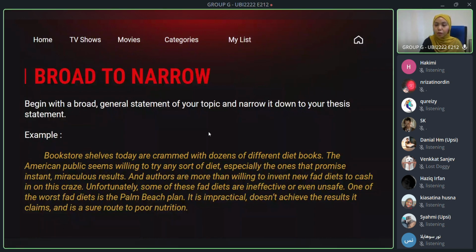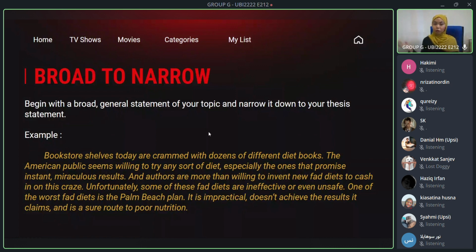All right, thank you so much. So when you use a broad to narrow hook, you begin with a broad general statement of the topic and narrow it down to the thesis statement. In this example, the writer starts off with, there are a lot of different diet books. So we know that he or she plans to talk about diet books. And slowly, he narrows it down to ineffective diet books.